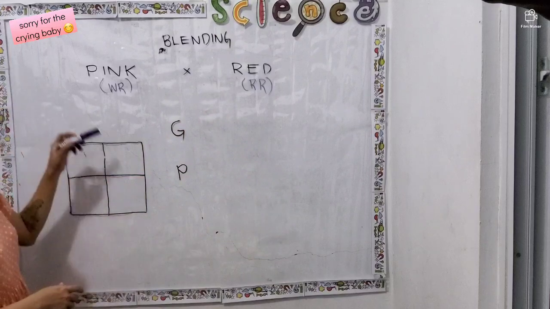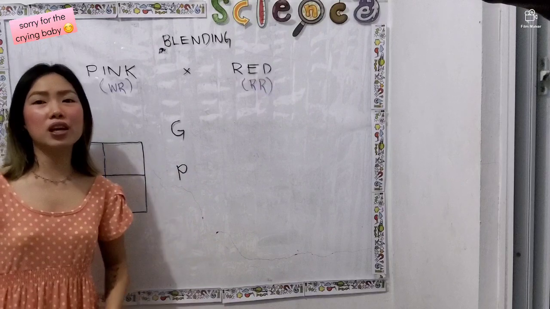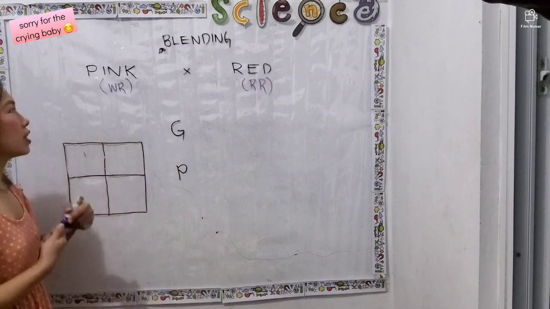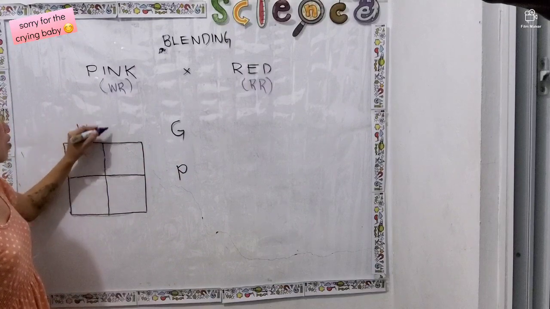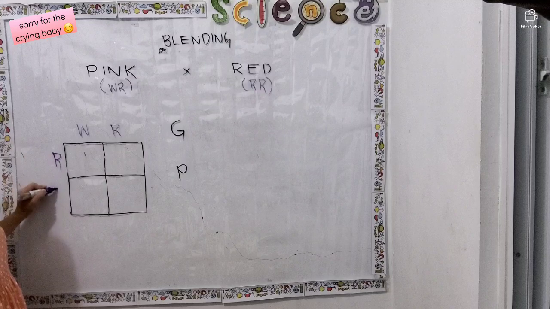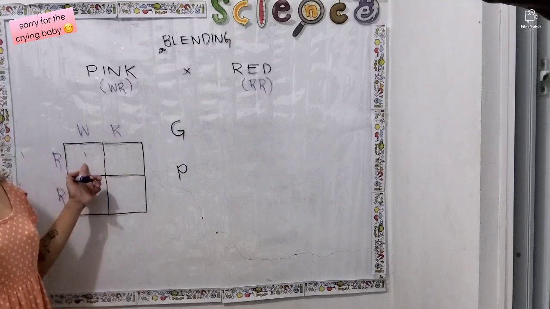Now, balik tayo dito. So we have WR and RR. So, ilalagay ko sa ibabaw si pink. Pero pwede mo naman siyang ilagay sa tagilid. It's up to you kung saan mo siya gusto ilagay. Still, the result will just be the same. So, for example, lagay ko siya sa taas. I have WR at the top. And then, I have RR on the side. So, what would be our answer for the first box?